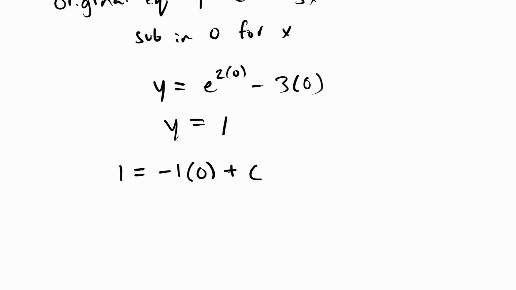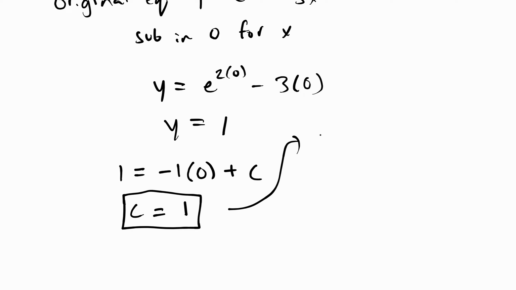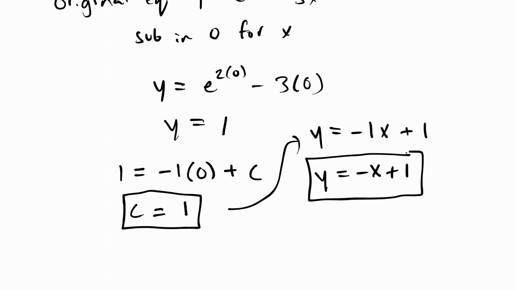So we get that c is equal to 1. So all in all, y is equal to m, which is negative 1, times x plus 1, or y is equal to negative x plus 1, and that is the equation of the tangent.